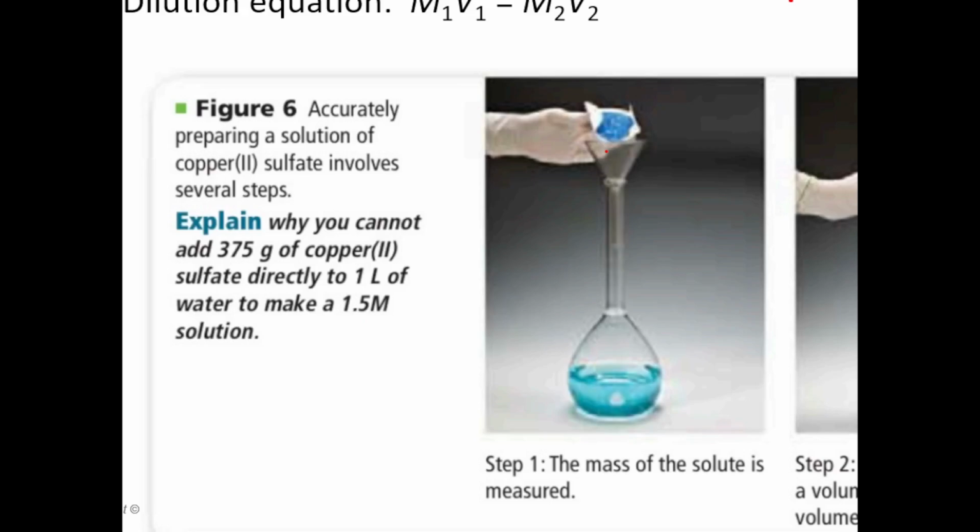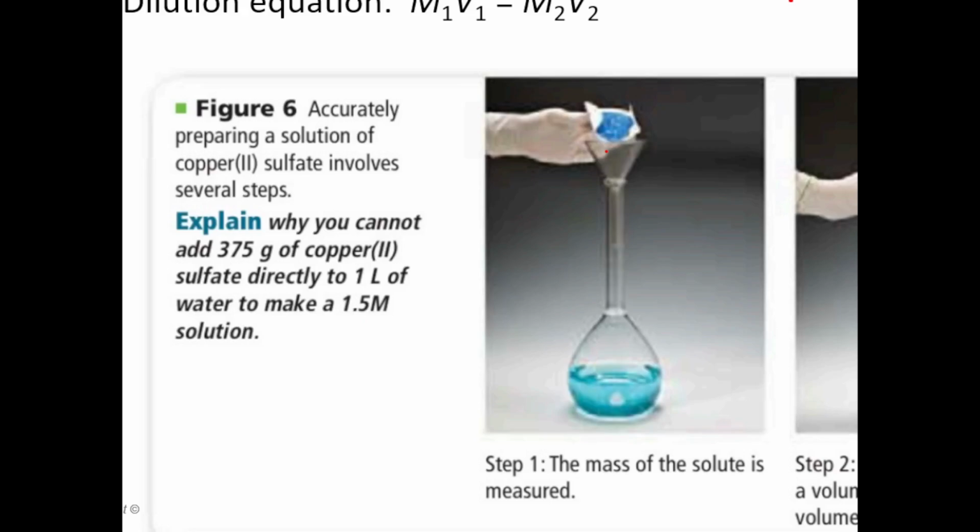A 1 molar solution is my desired concentration. And then I want a volume of 1 liter. So one would be able to take this molarity and say, okay, well, the molarity is 1 molar. How many moles would I need to have a 1 liter solution? So I would need 1 mole of the copper 2 sulfate, CuSO4, to create that solution.